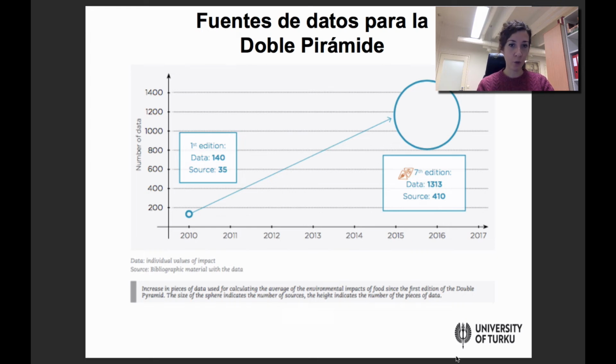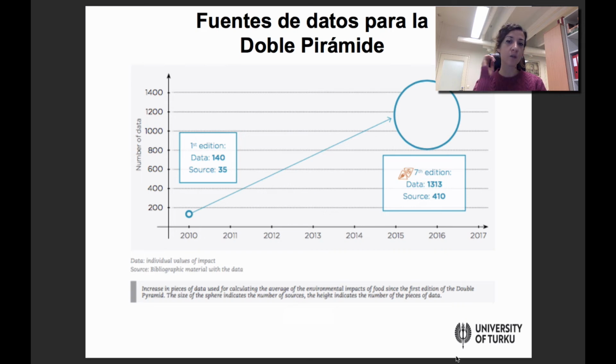And I wanted to show you this graph because I think it gives you an idea of how much research has been done on these topics in the last years. So it's very interesting to see that in the first edition, in 2010, there was a much smaller amount of publications dealing with these issues than what was used in the 7th edition, in 2016, when there were over 400 sources for data that was then analyzed.